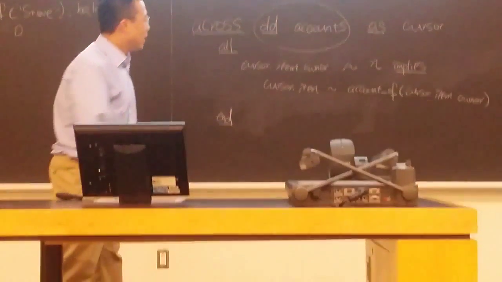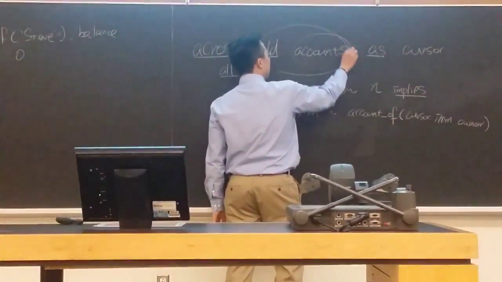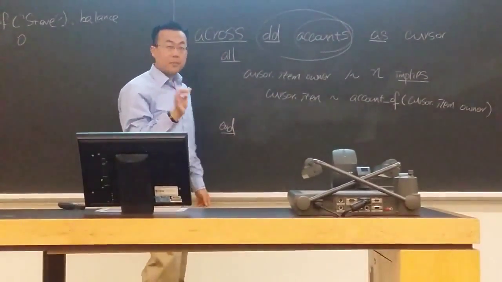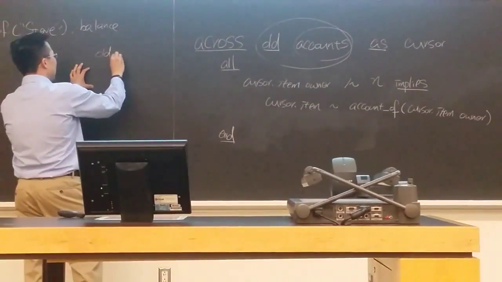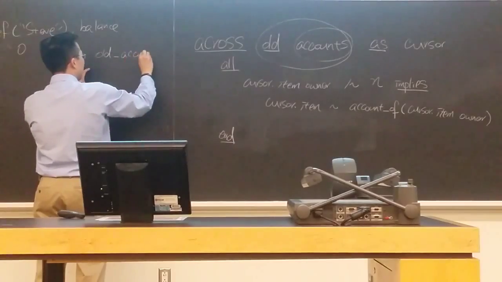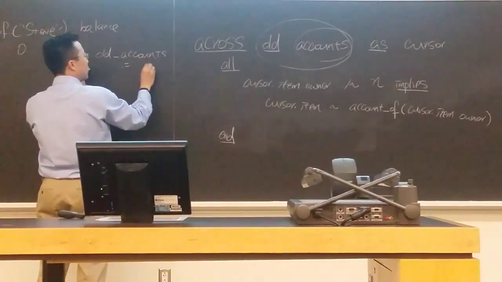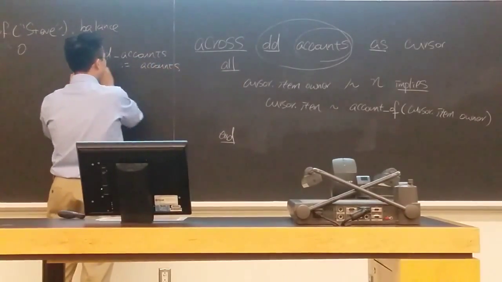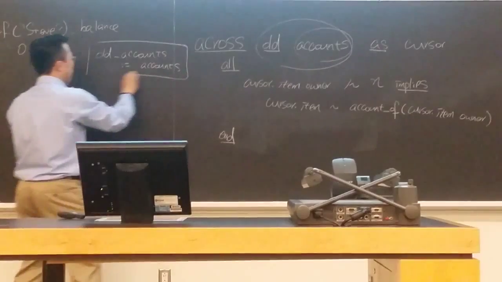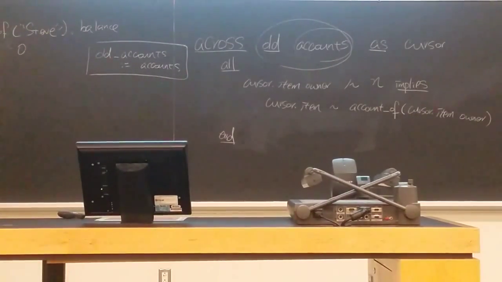So it's going to take this expression here verbatim, and then create some temporary cache variable. Accounts is assigned to accounts. This is done before that feature is executed. Agree?